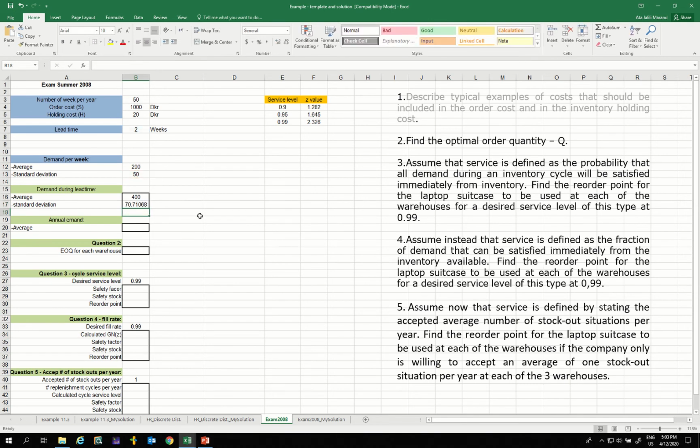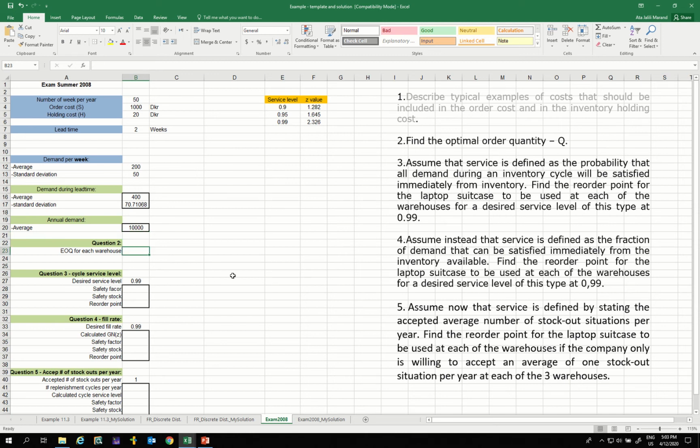So it will give me the standard deviation of demand during lead time equal to 70.71068. And I can also calculate the yearly demand. I have 50 weeks, and in each week on average I have a demand equal to 200, so the annual demand will be equal to 10,000.